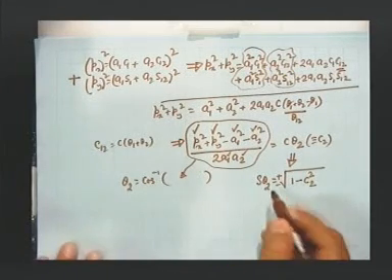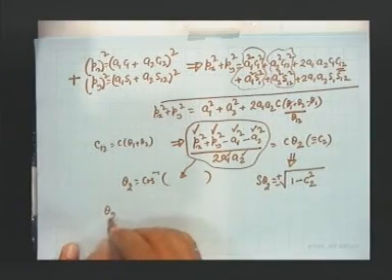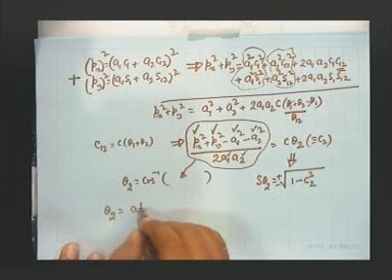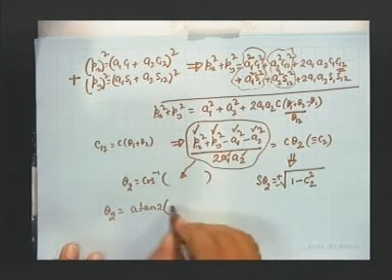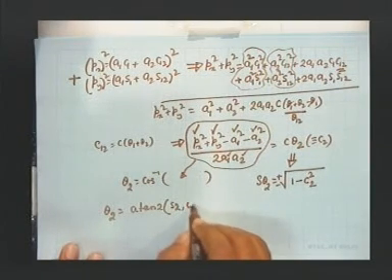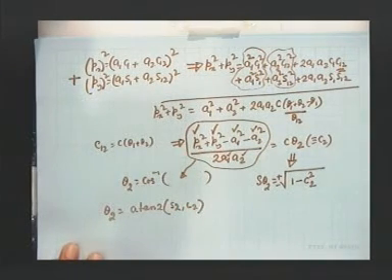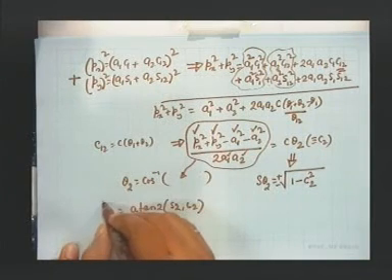Once I have found sin theta 2, I will use my atan2 function with sin theta 2 and cos theta 2. So, I will obtain theta 2.